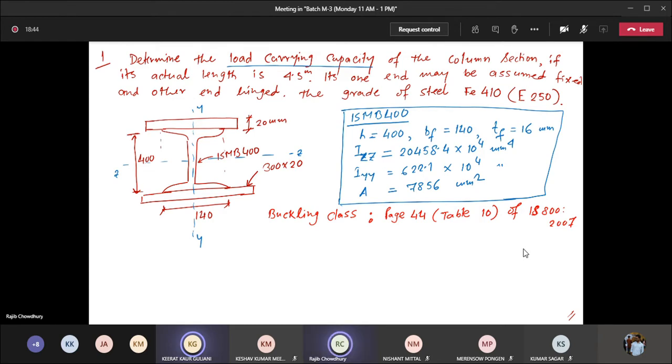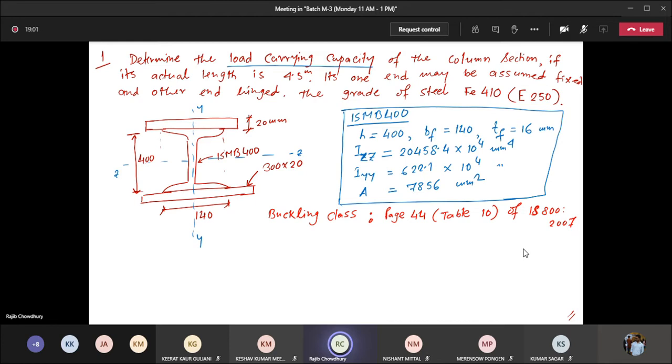Okay. It may have been. Buckling class means actually, suppose for example in the steel we have a different class, like whether it is a slender section, whether it is a semi-compact section, whether it is a compact section.